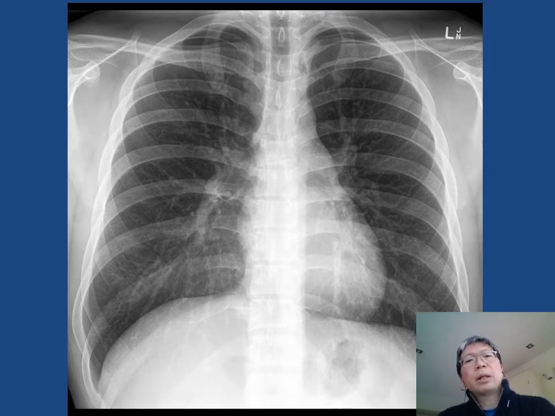Firstly, let me refresh your memories about the normal chest radiograph. This is a chest film of a normal, healthy adult. You can see that the film is well penetrated and centrally placed. The patient has taken an adequate inspiration where you can count normally 10 ribs posteriorly on either side or 8 ribs anteriorly.